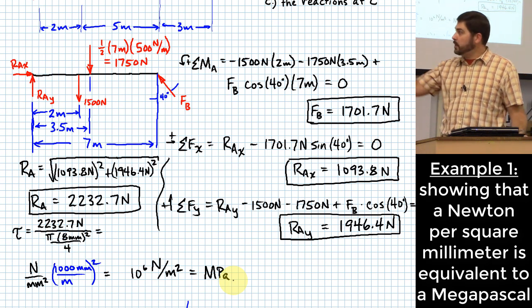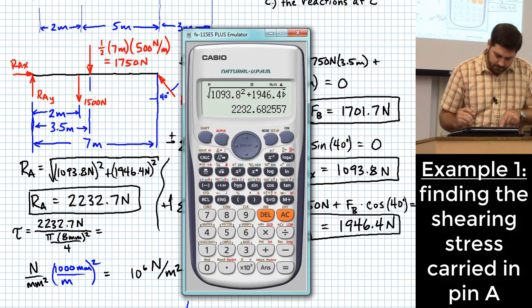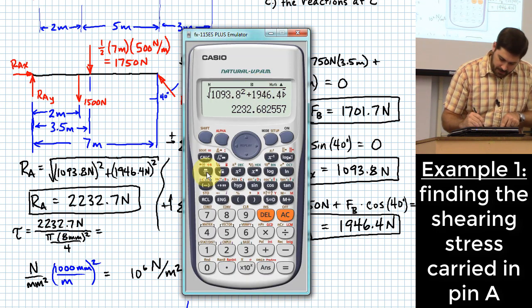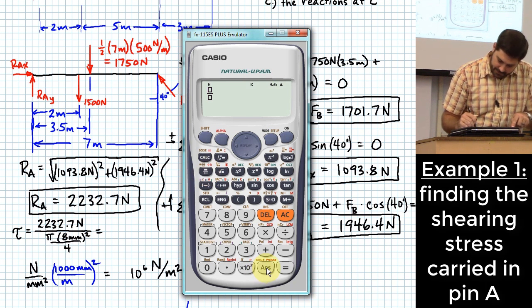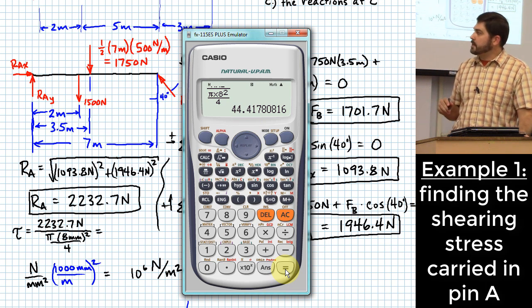Okay, so because we have newtons per square millimeter for this problem, let's go ahead and put it in here with that value we just came up with. Here I've got pi times 8 squared over 4. And what I come up with here is already a number that's in megapascals.